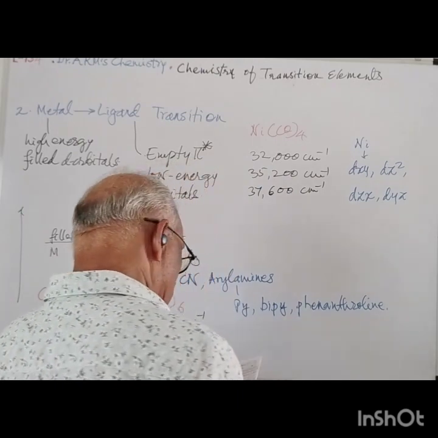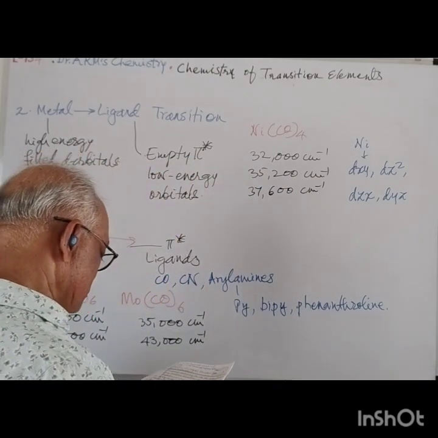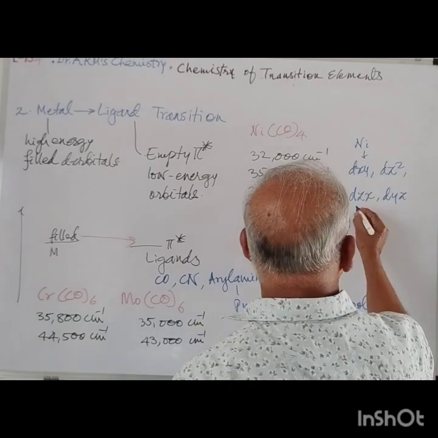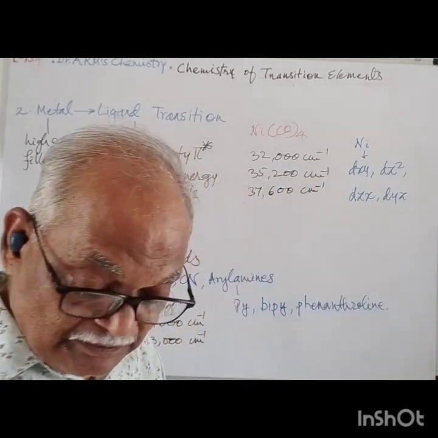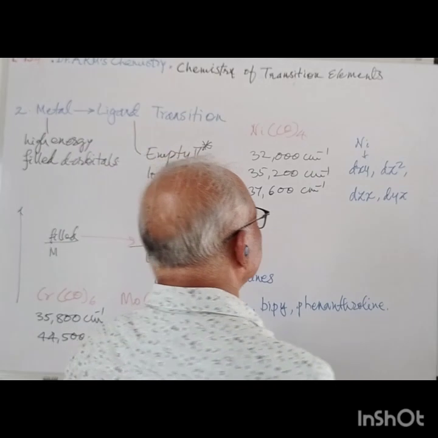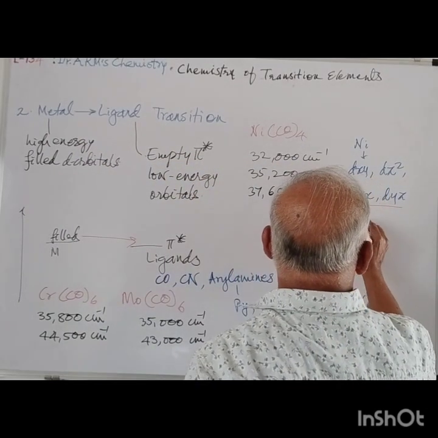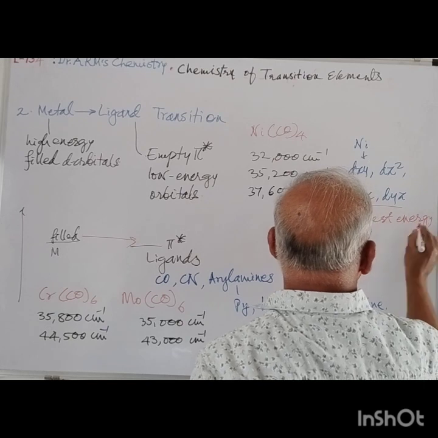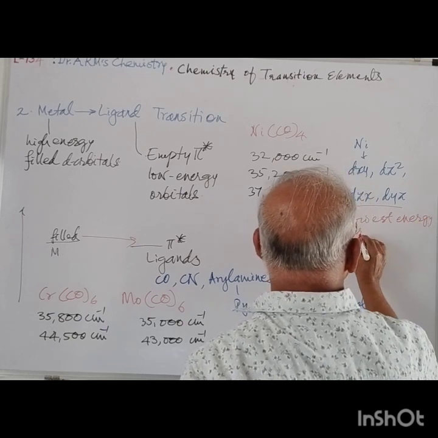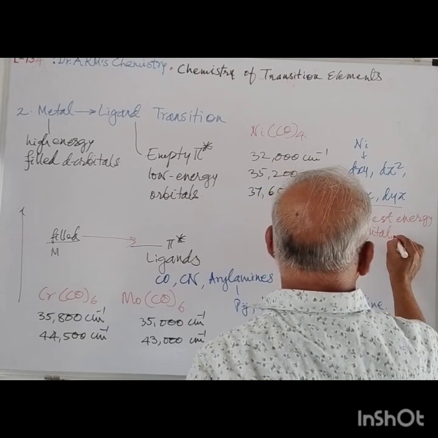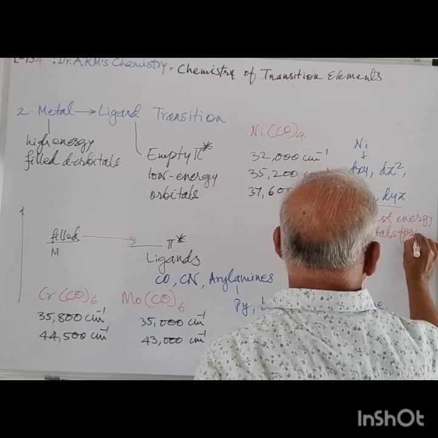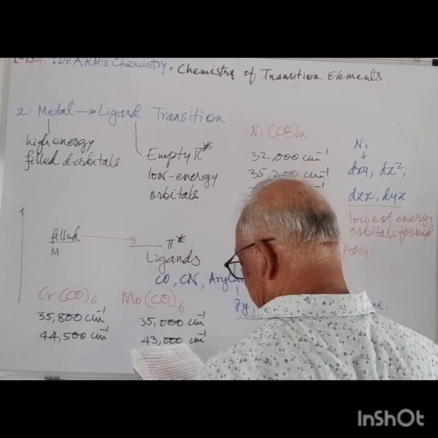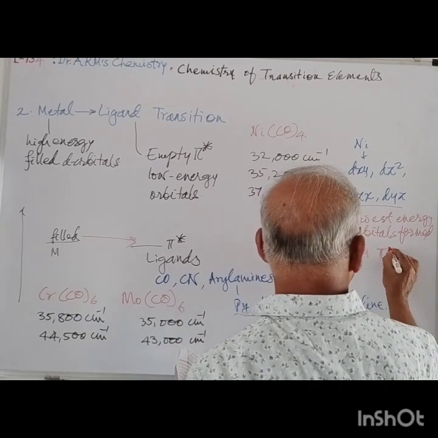These are the lowest energy orbitals, which are formed from pi star orbitals.